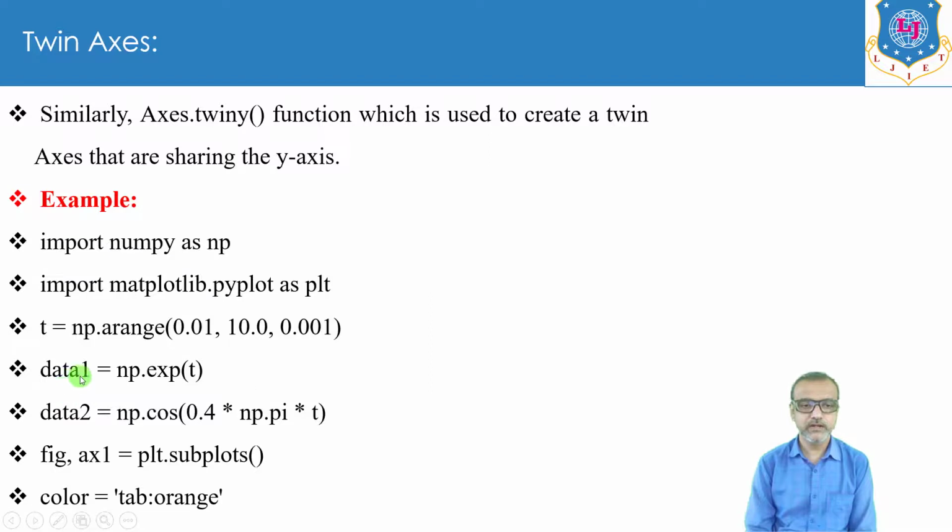Then in data1 we have np.exp(t). This is nothing but an exponential function. It will give us e raised to 0.01 till e raised to 10.0 with a step size of 0.001. All these values will be stored in data1.